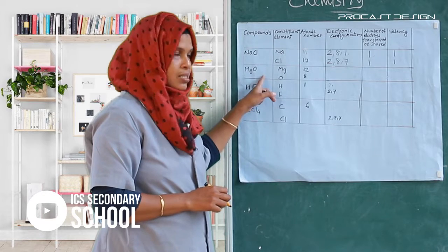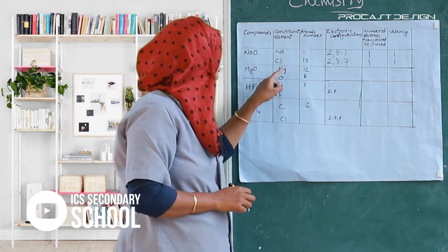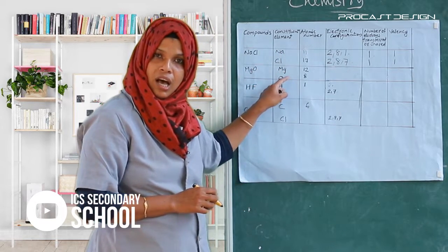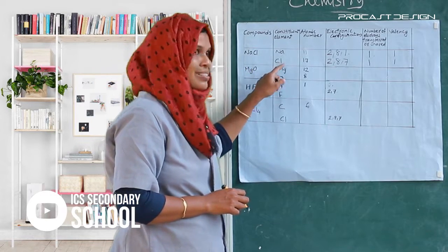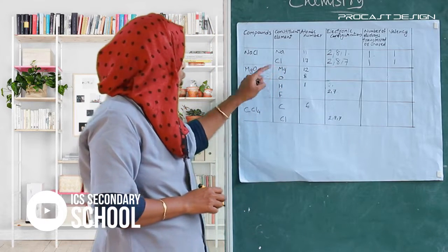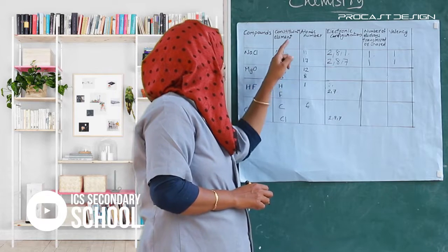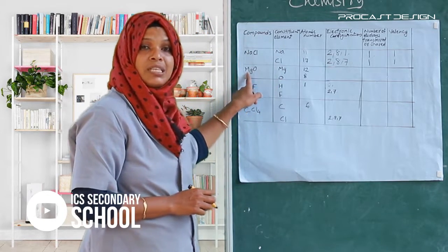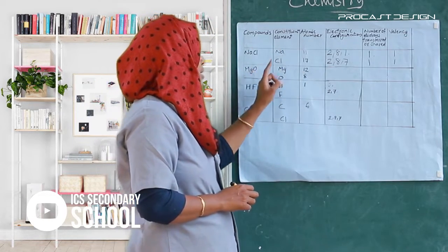Next, the compound magnesium oxide. The constituent elements are magnesium, symbol Mg, and oxygen, symbol O. The atomic number of magnesium is 12 and of oxygen is 8.